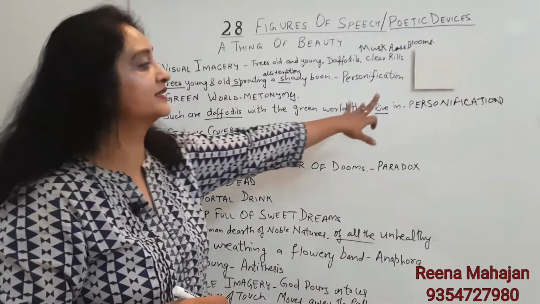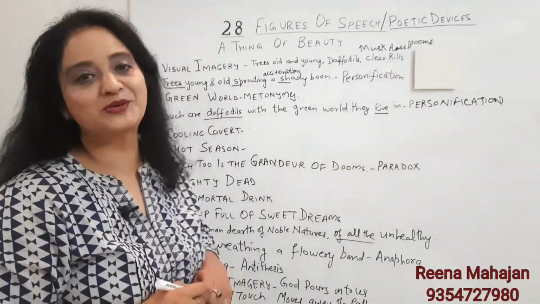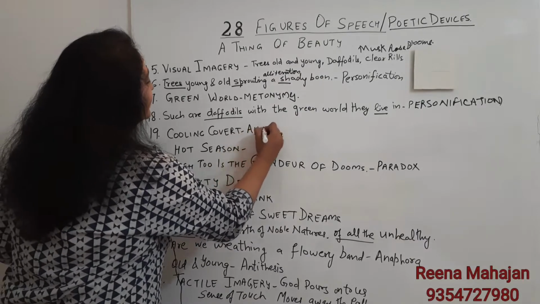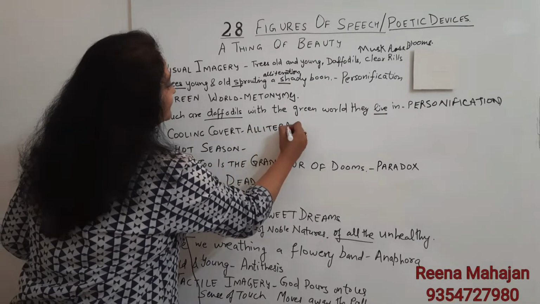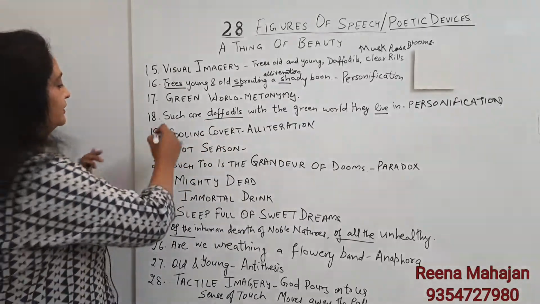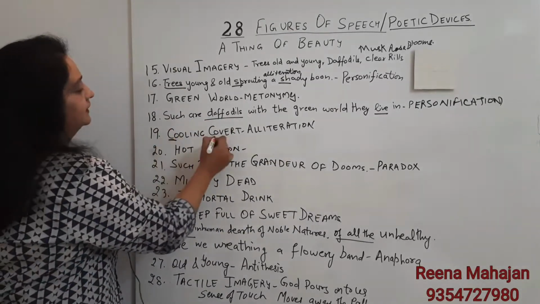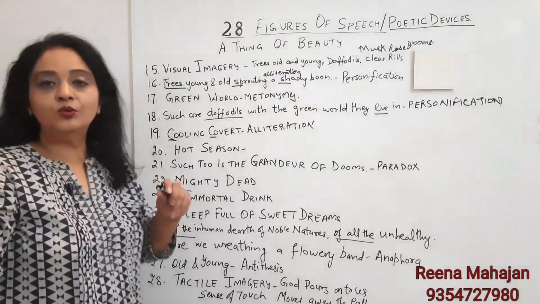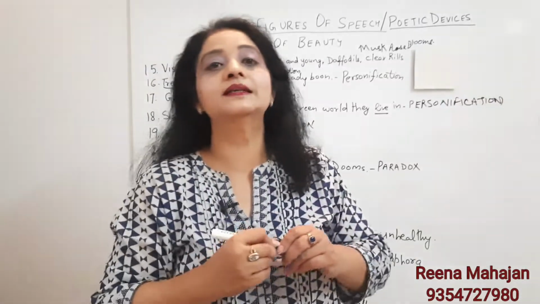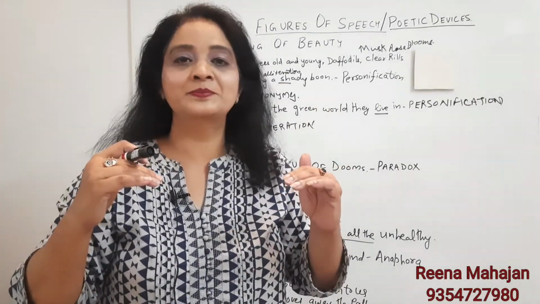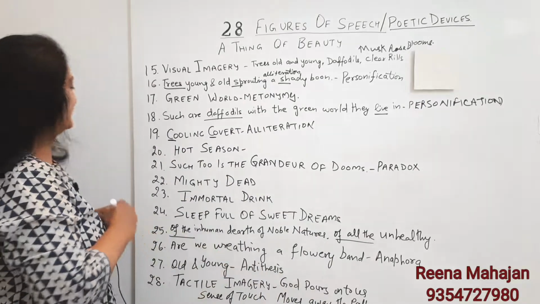But here the daffodils are living, so it is personification. Cooling covert, again it is very easy. Alliteration. What is alliteration? The first word, the first letter is the same. Cooling covert. Now one thing more about alliteration is that even if the words sound the same, it is alliteration, right?